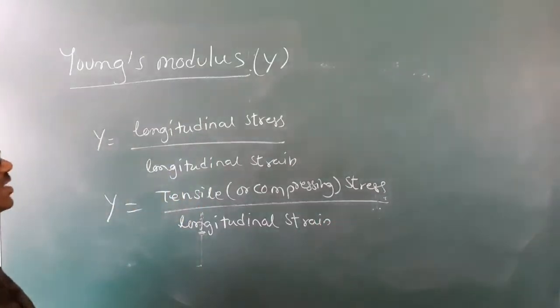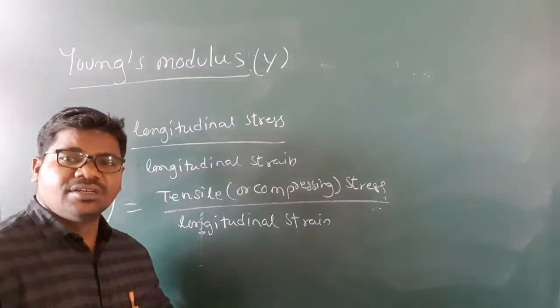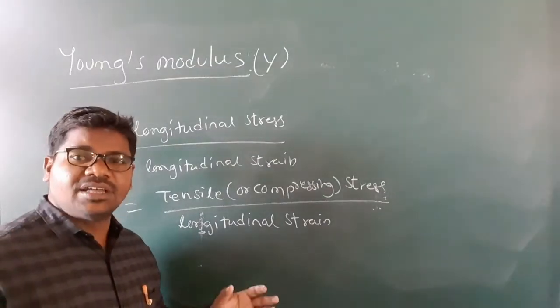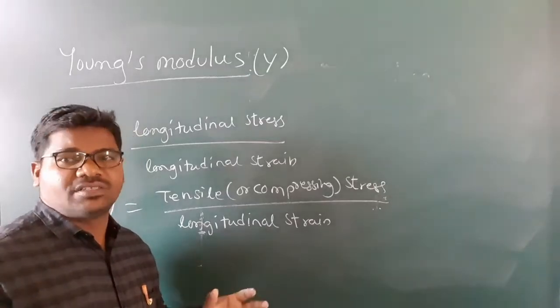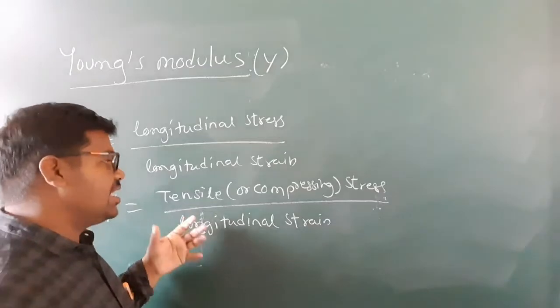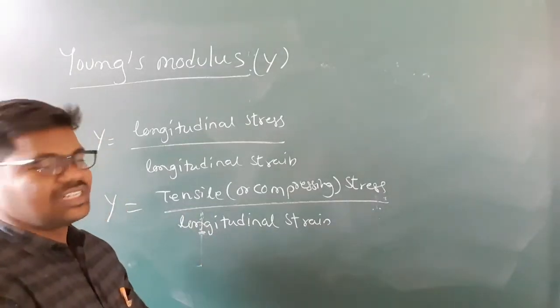Here, longitudinal stress is not always the case that force is applied and the material will elongate. Sometimes the material will have to compress. So that's why you can say tensile or compressing stress over longitudinal strain.